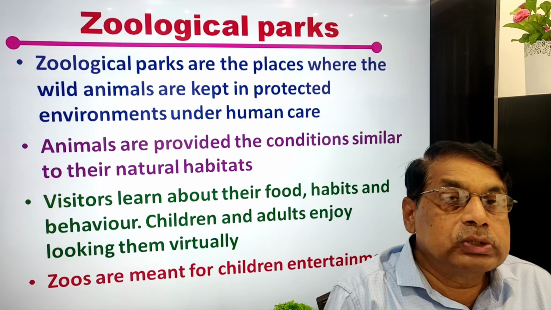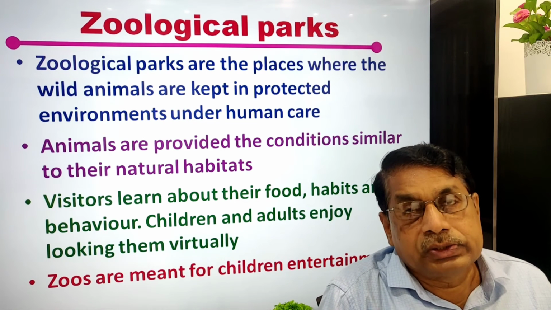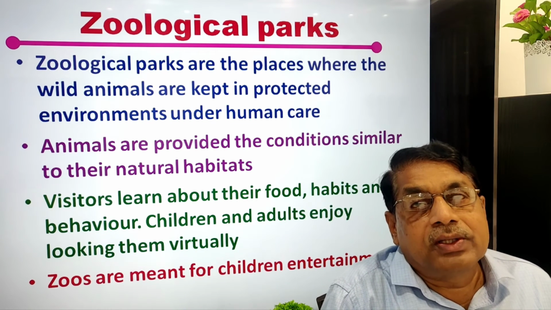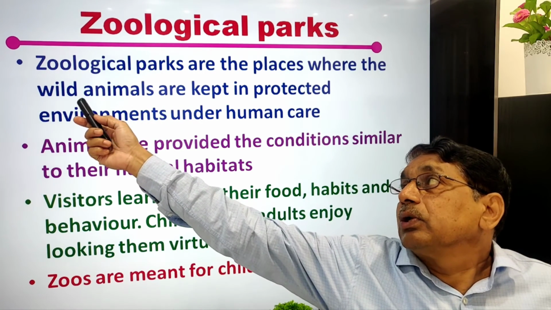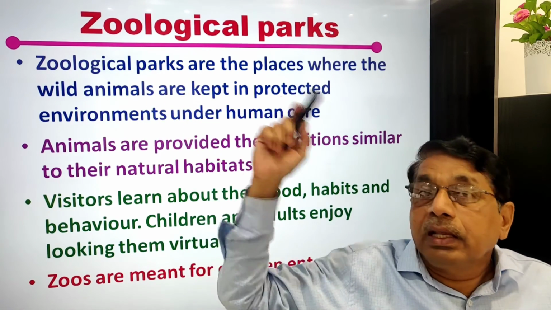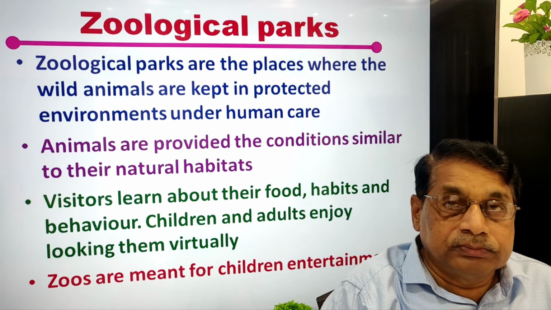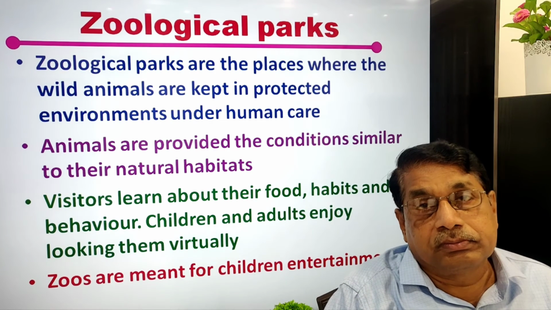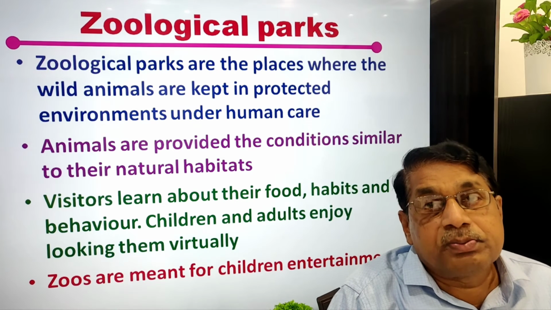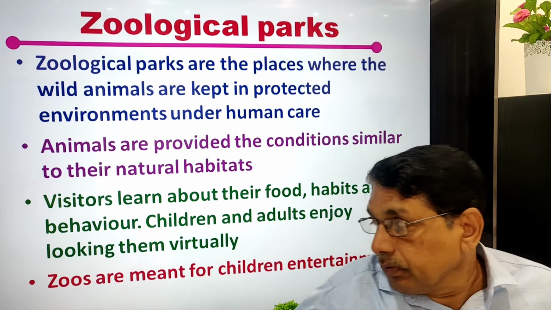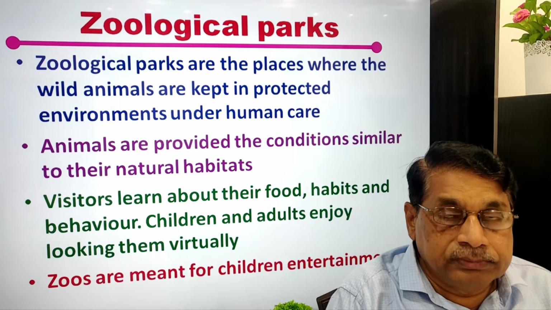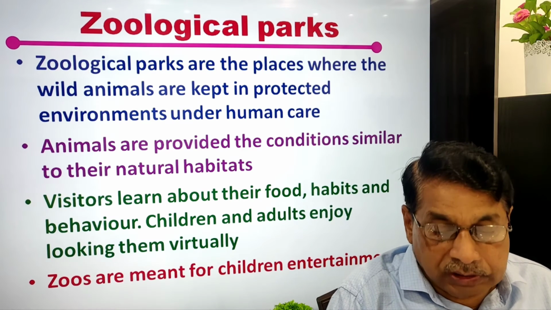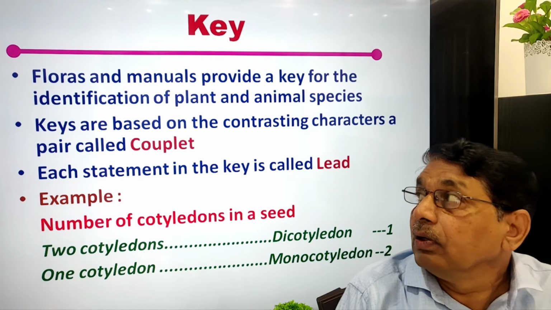The difference between a zoological park and a zoo is that zoological parks are for maintenance of wild, rare, important animals for preservation purpose, for reference purpose. Zoos are meant for entertainment, particularly for children.